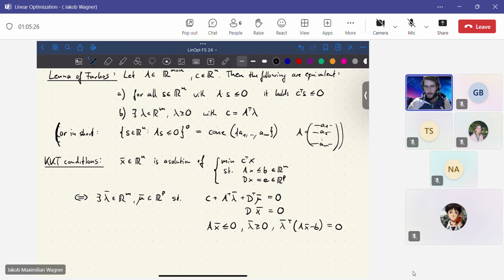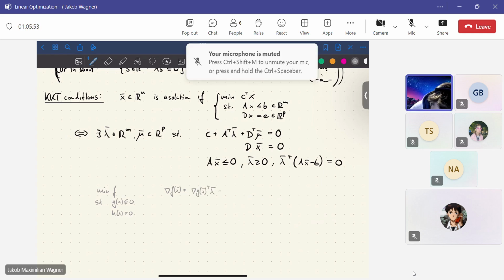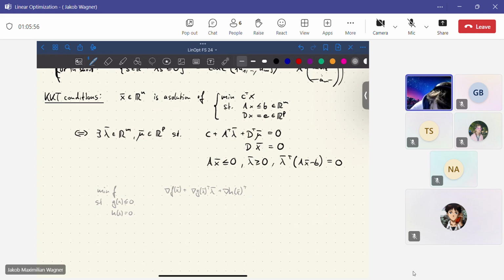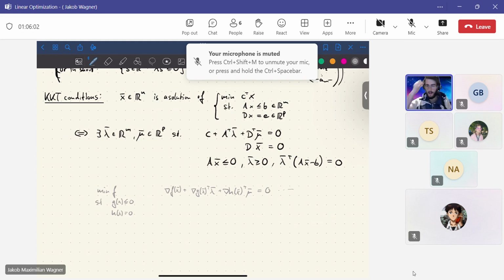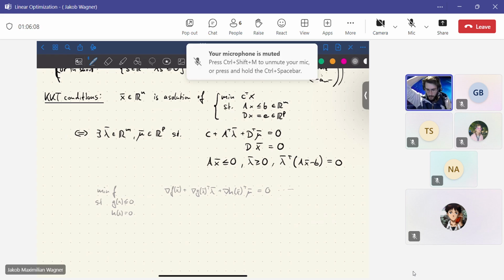There are also KKT conditions for general constrained optimization problems. There they look something like this: if you have minimize f such that g of x less or equal 0 and h of x equal to 0, then they read like gradient f of x bar plus gradient of g of x bar transpose lambda bar plus gradient h of x bar transpose mu bar is equal to 0 and so on. So there are generalizations to nonlinear constrained optimization problems.